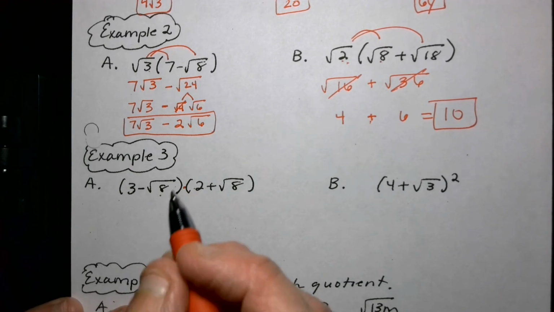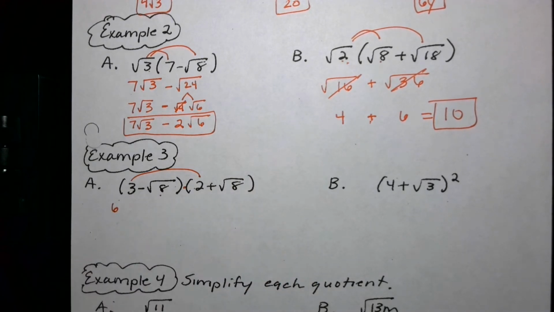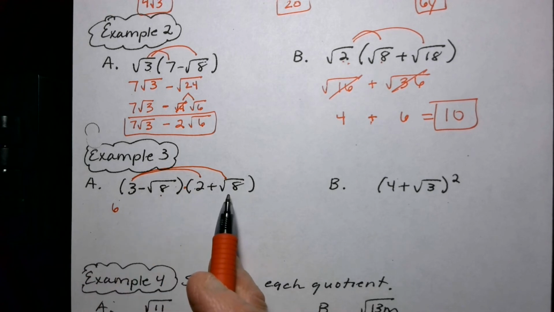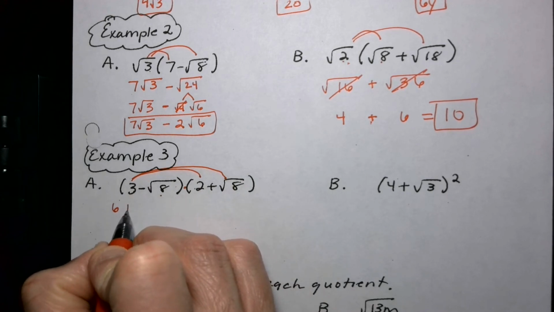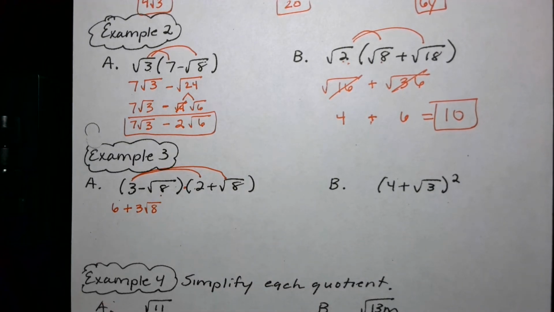Okay, so let's give it a shot. So 3 times the 2 is 6. Well, that's nice. We started off nice and easy. And then 3 times the square root of 8 is, and it's a plus, 3 square root 8.